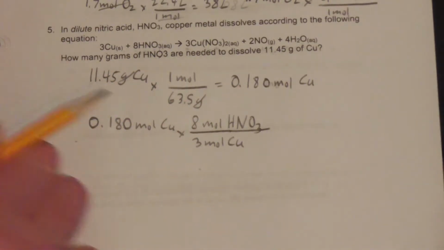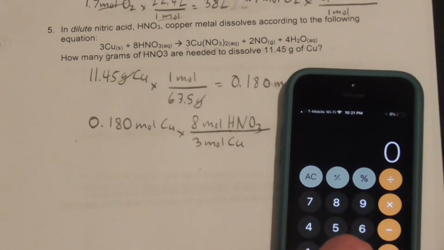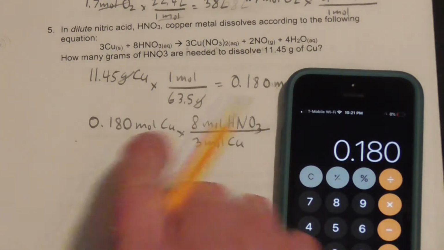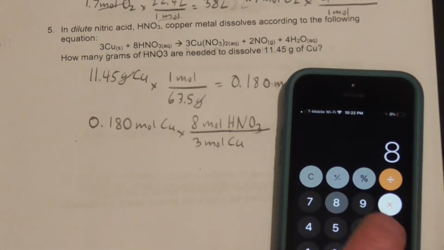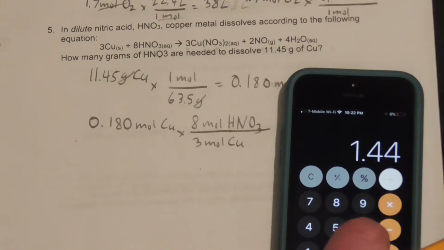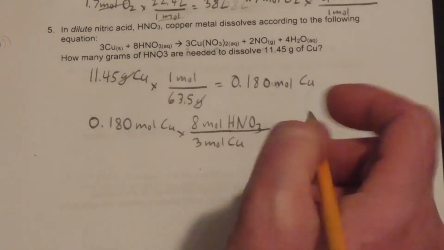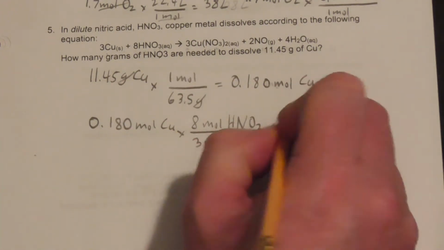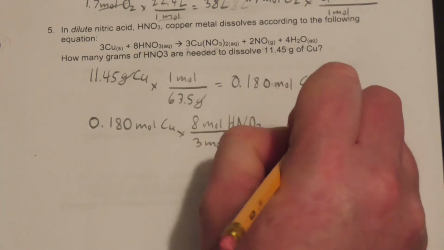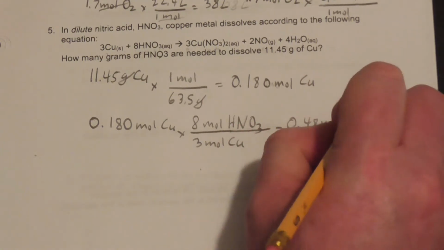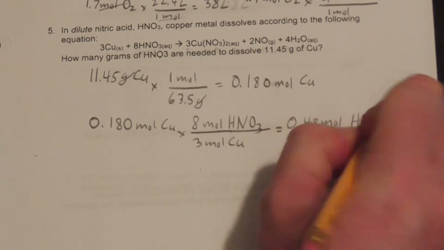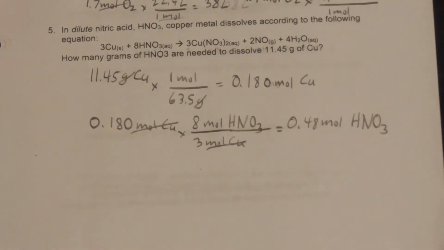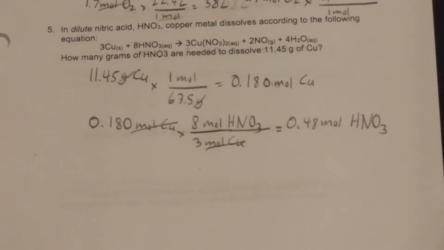But in this case, I have 0.180 moles of copper times 8 divided by 3. I would need, for all of my copper to react, 0.48 moles of nitric acid. Those are my only units left. Those canceled out. It's asking, however, for that value in grams.